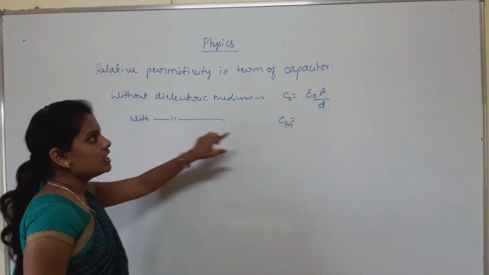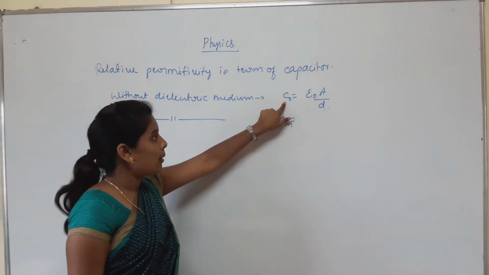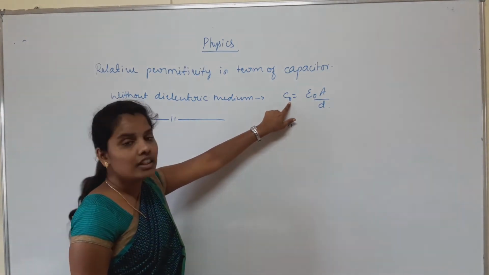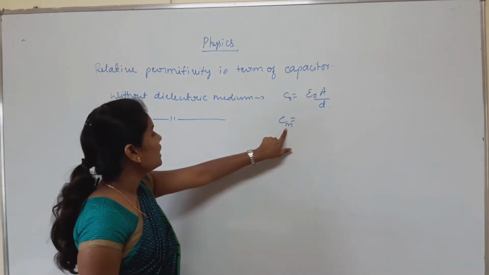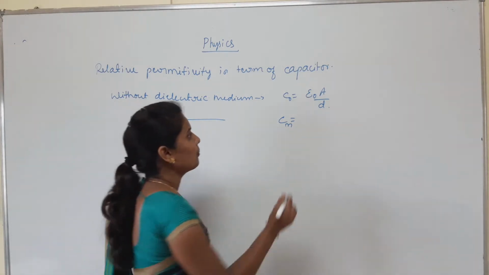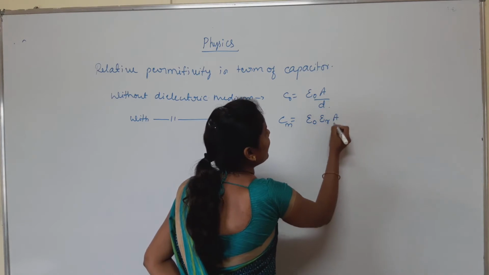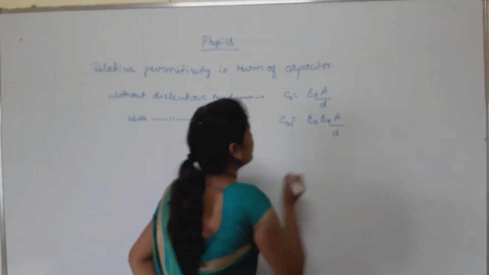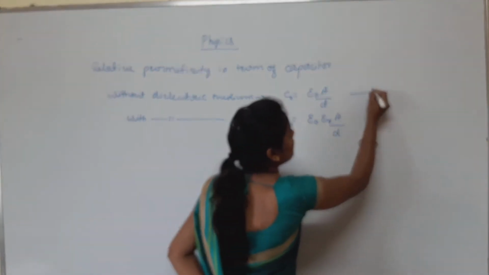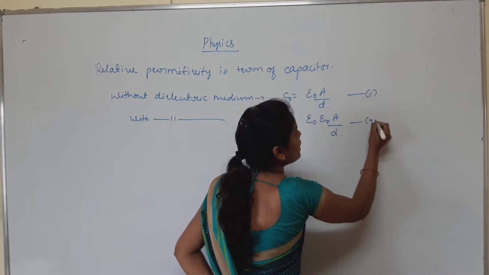Here, C naught represents the capacitance of the capacitor in the free space, epsilon naught A divided by D. So this is equation number 1, and that is equation number 2.